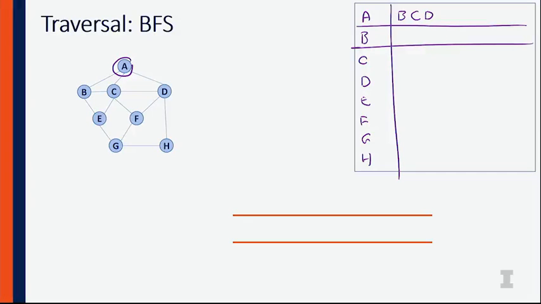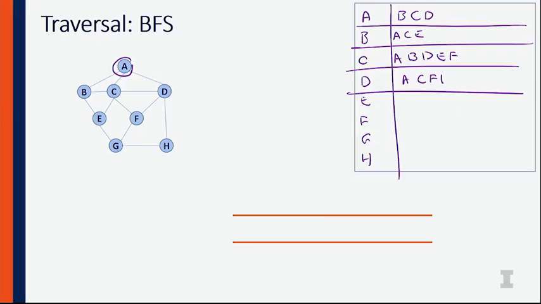B has nodes A, C, and E. C has nodes A, B, D, E, and F. D has nodes A, C, F, H. E has nodes B, C, and G. F has nodes C, D, G.